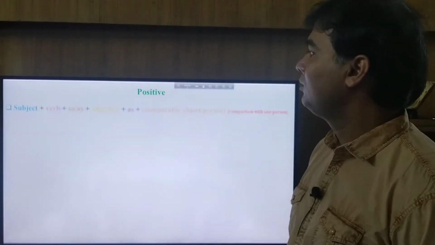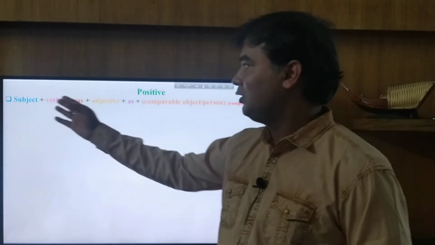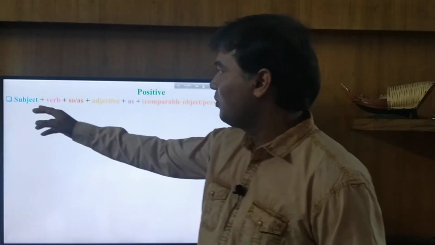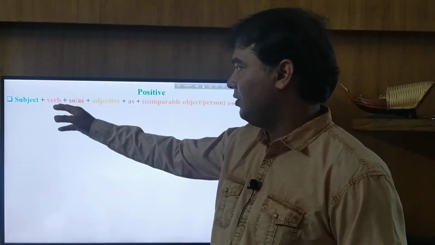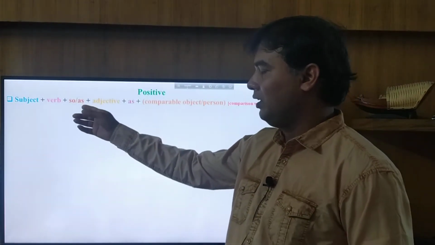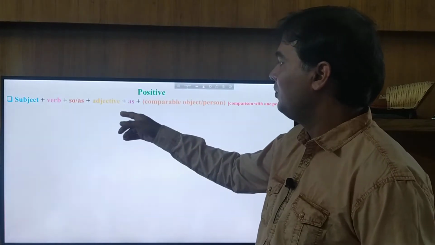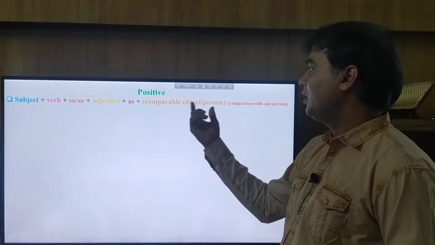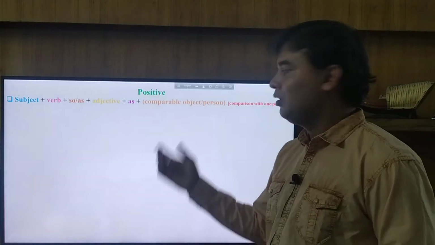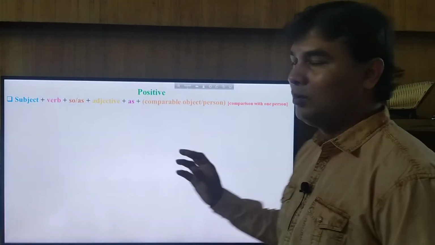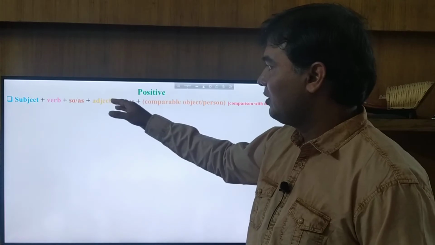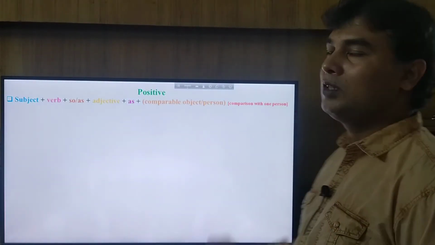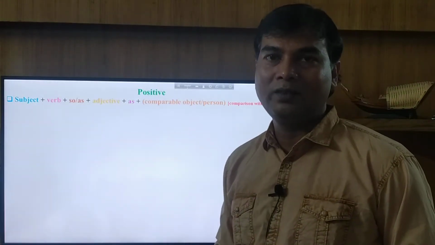Now, positive degree, and this is the basic structure of positive degree. You see, first of all subject and then verb, then "so" or "as", and then adjective, then "as", and then comparable object or person. Now remember, this structure is applicable if the comparison is with one person or one object.